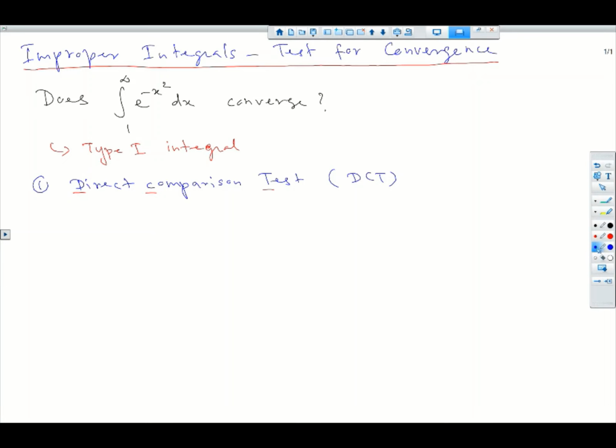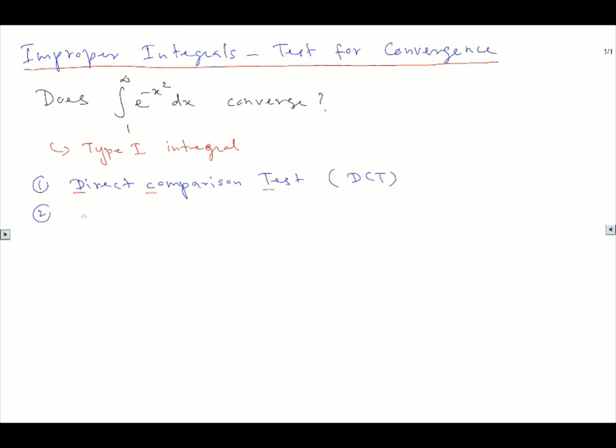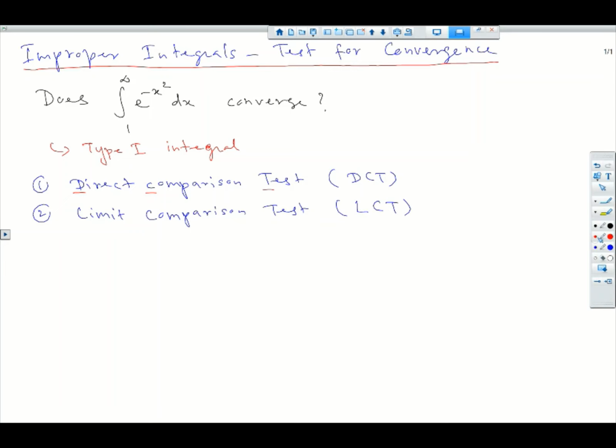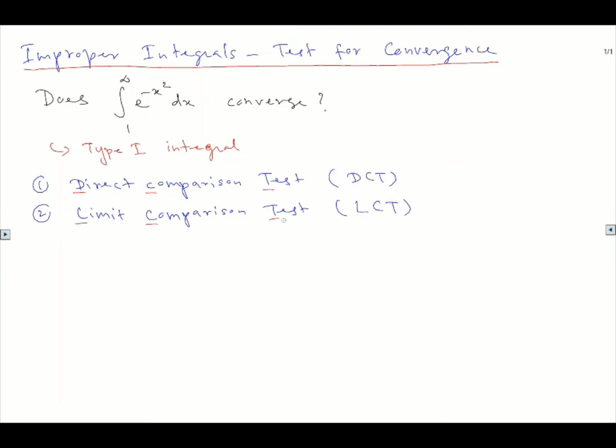And then we also talk about what we call the limit comparison test, or LCT.